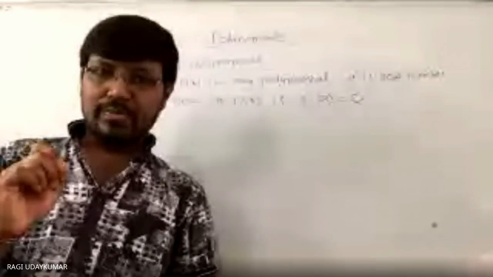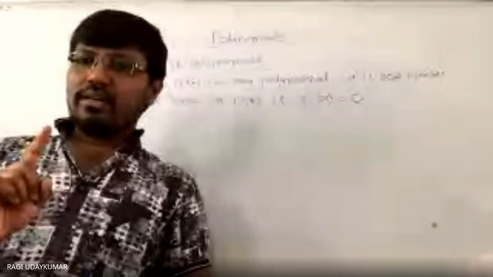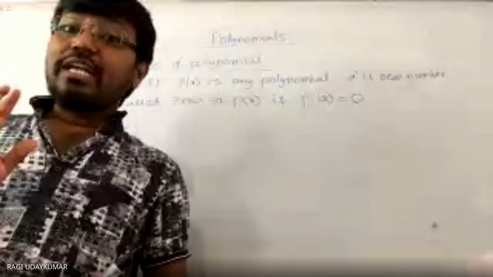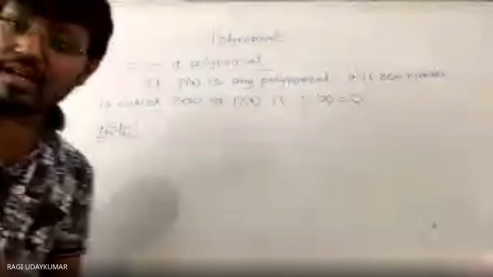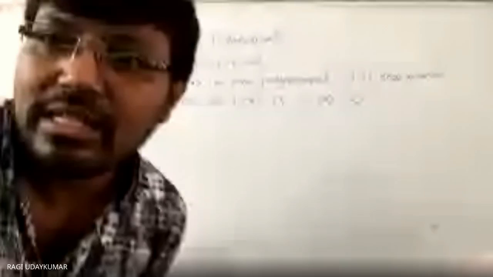Do remember that. Maximum 2 zeros will be there. There may be a chance of having no zeros.